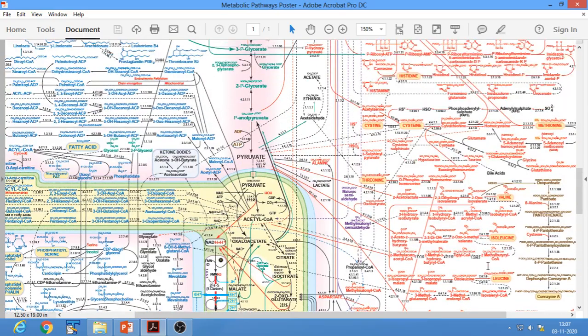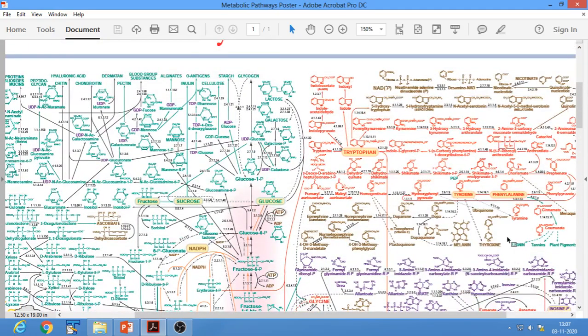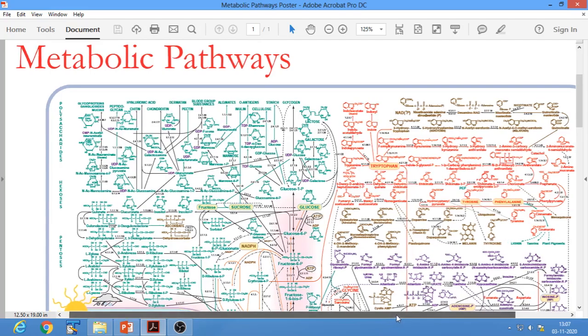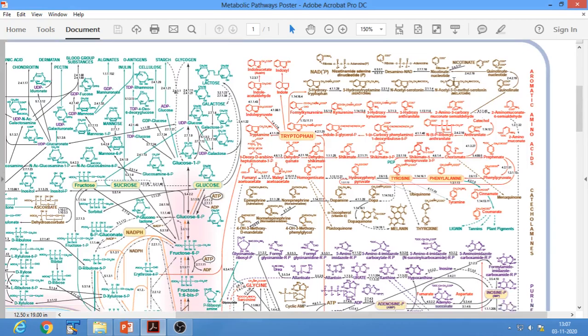On the other side of the map, you can see the amino acid metabolism, like aromatic amino acid metabolism. Aromatic amino acids usually include indole-containing tryptophan and tyrosine. That is shown in red color.